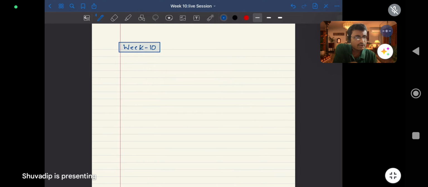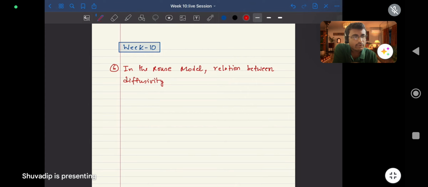So this is question number 6, which we have already discussed in the week 9 live session. But I want to repeat that question again: in the Rouse model, the relation between diffusivity and number of segments is given by which of these relations?